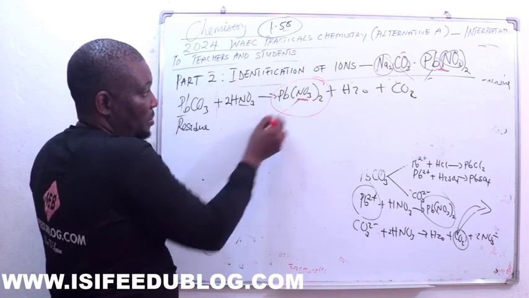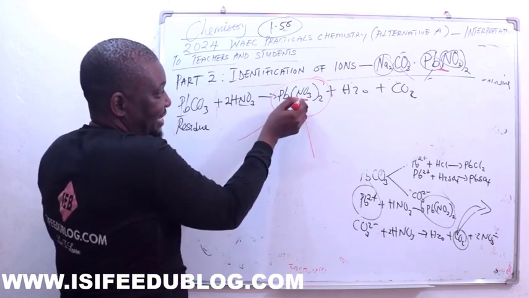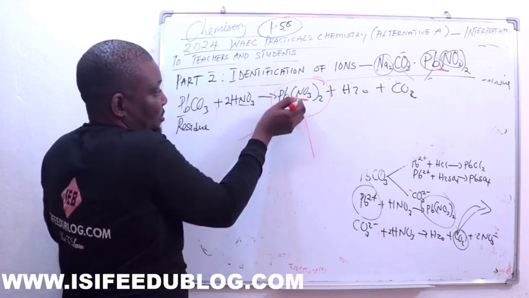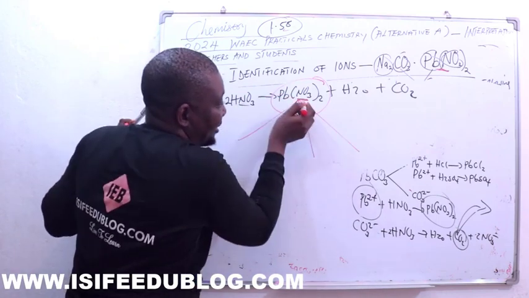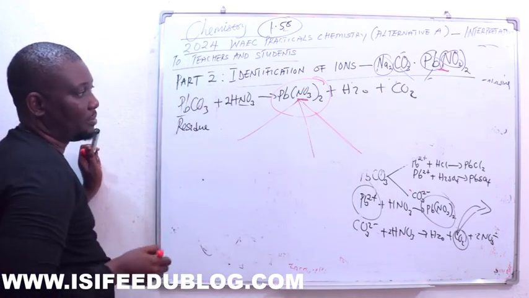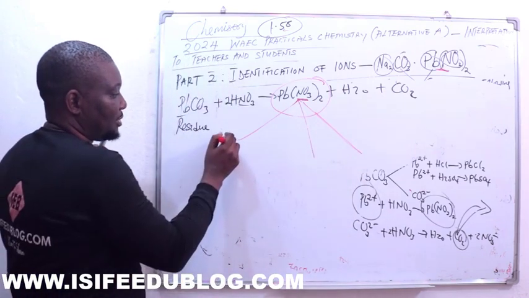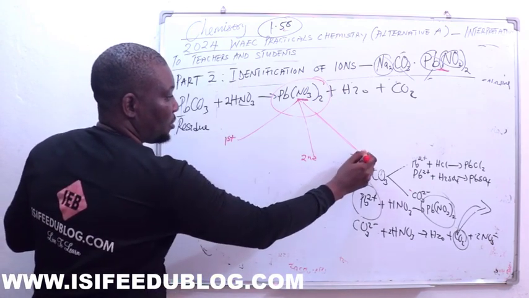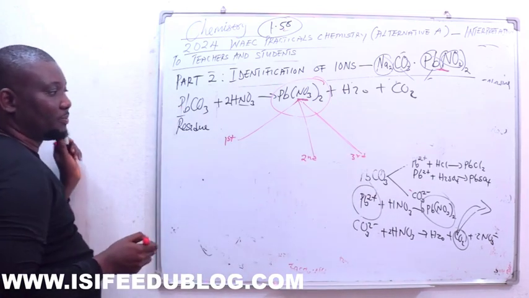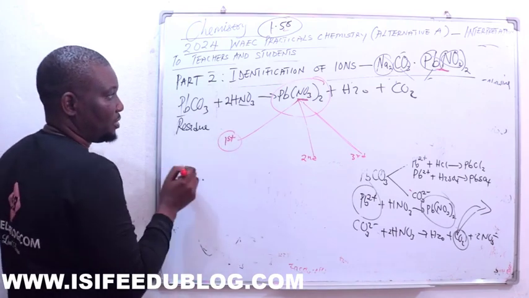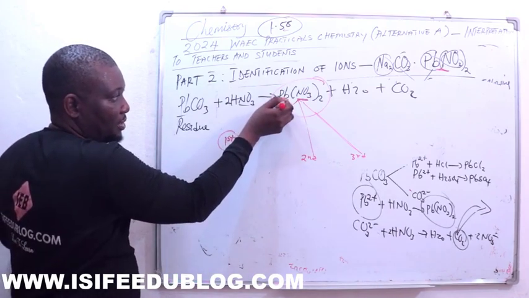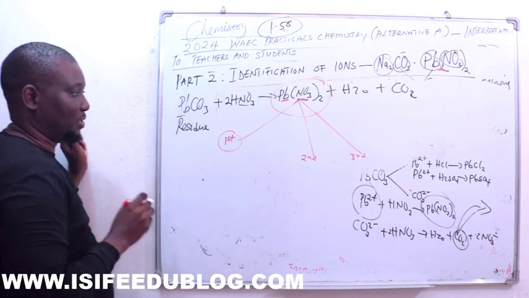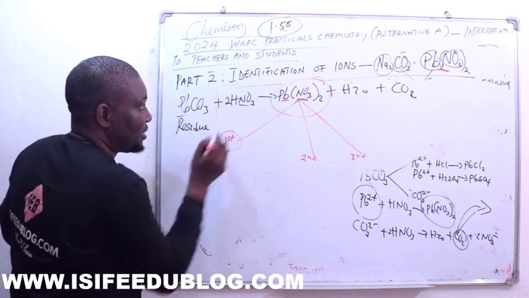You divide the products you obtain here into 3 portions: first portion, second portion, third portion. For the first portion, everything should be centered on lead. You don't repeat this again because it has been taken care of in the primary information. So here we have this now.